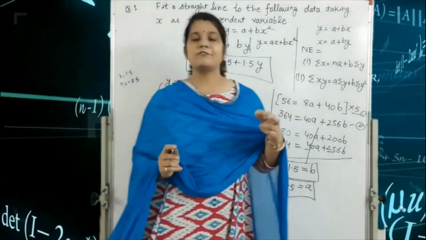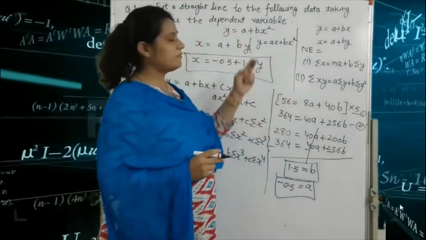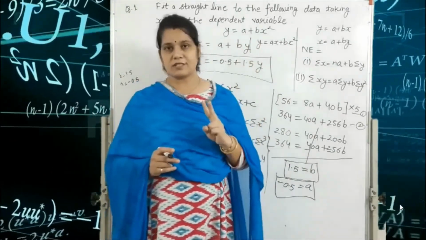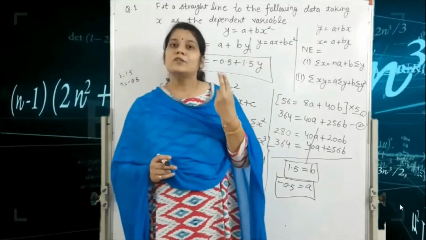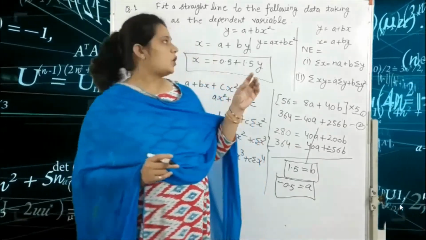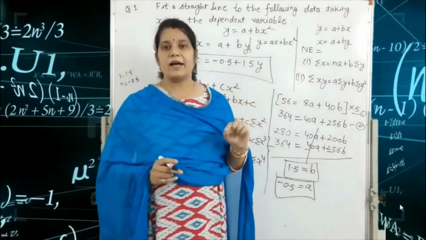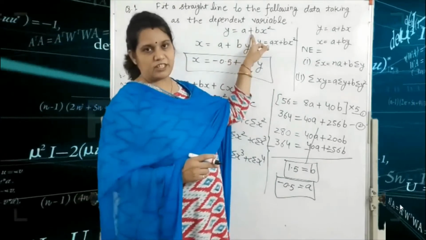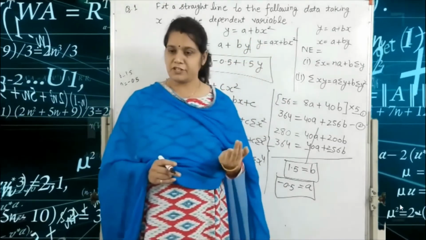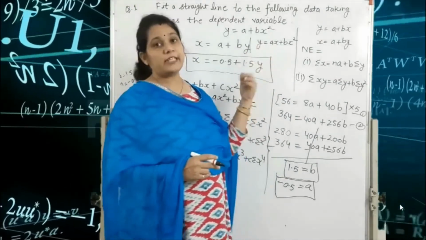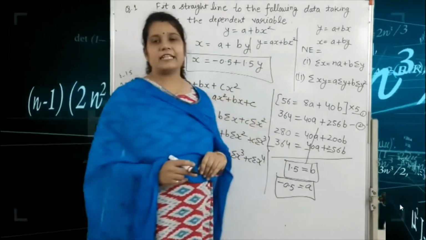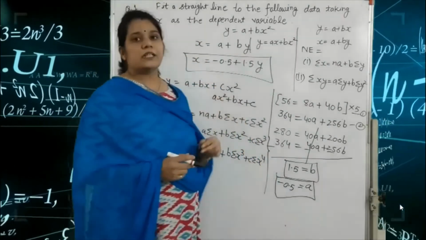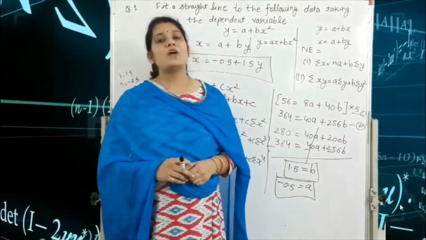Okay, so both equations are quadratic, but in these two equations we have only two constants, a and b. So according to each of these two equations, we write two normal equations. But in the first type of quadratic equation, we have three normal equations because we have three constants. Okay, so I will continue this method.